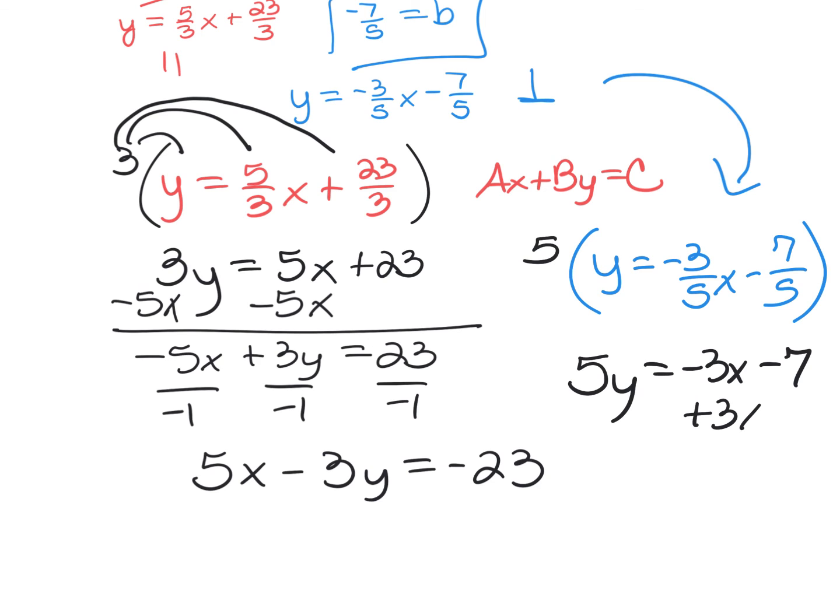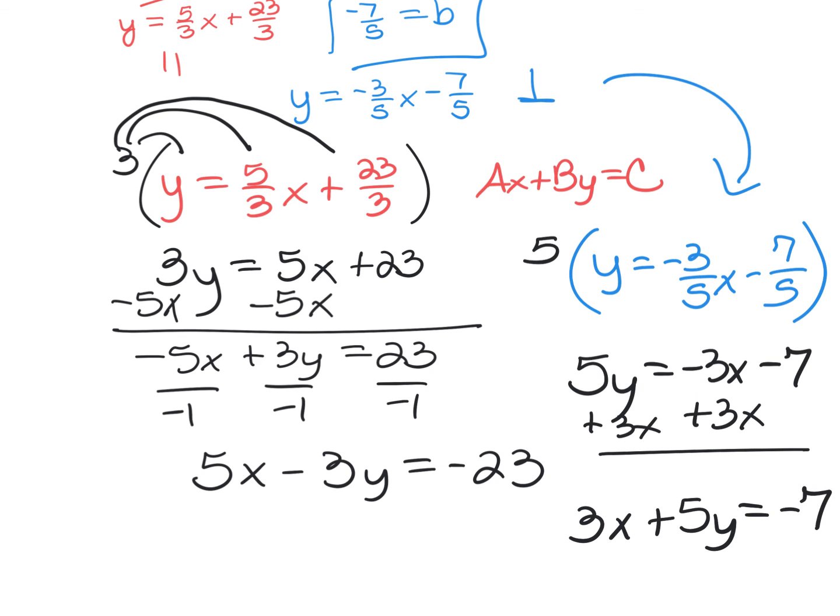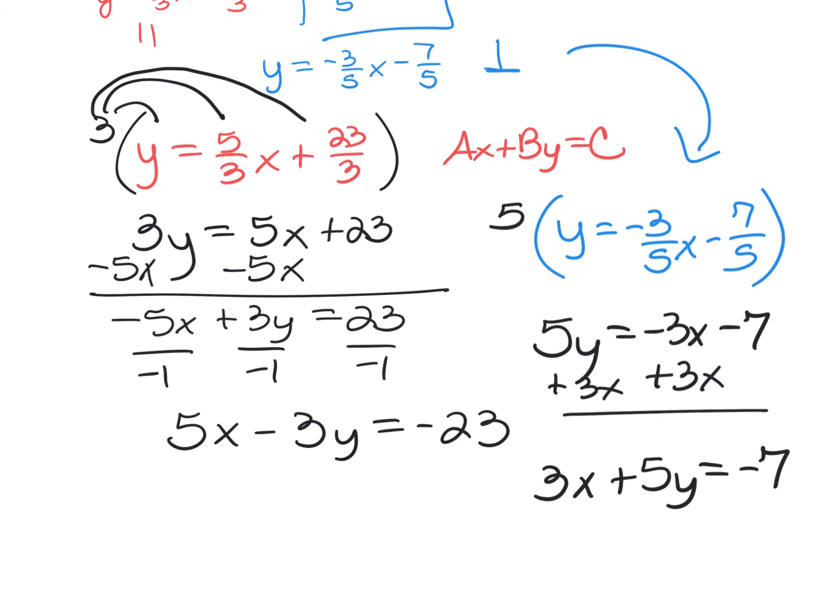All I need to do is add the 3x. Oh, and everything's positive and beautiful. 3x plus 5y equals -7. So just a different form of that perpendicular equation, and this is standard form. So this is writing equations of lines.